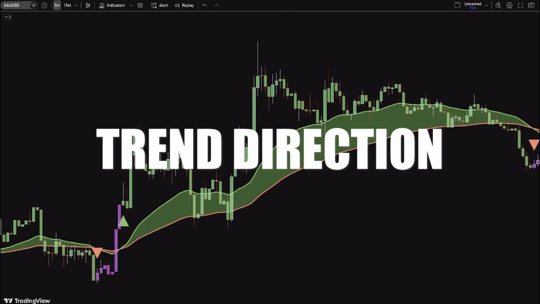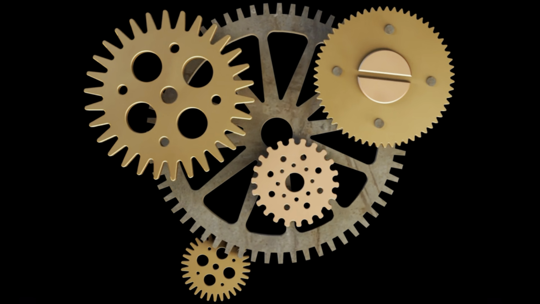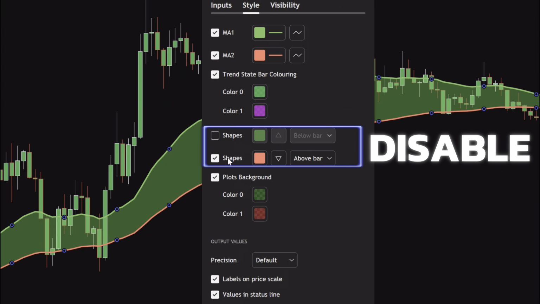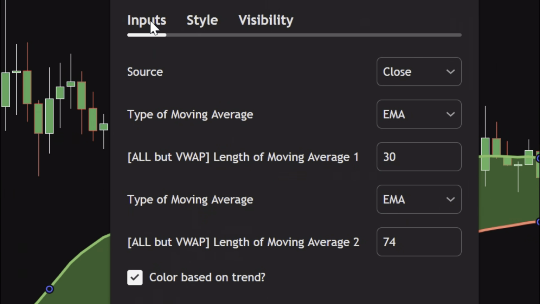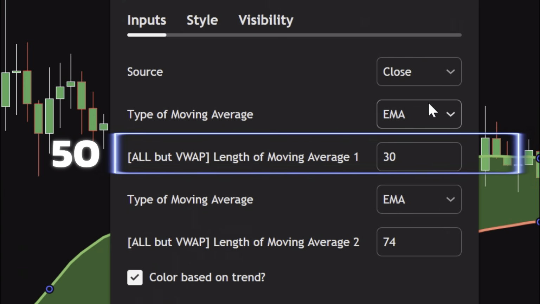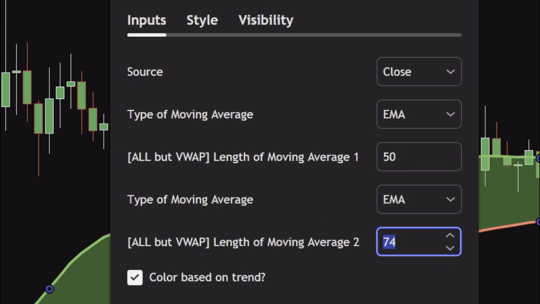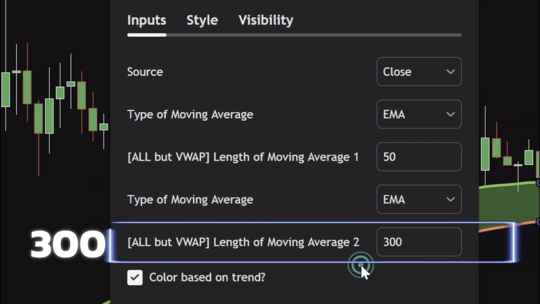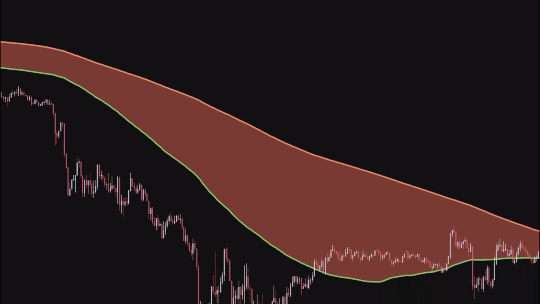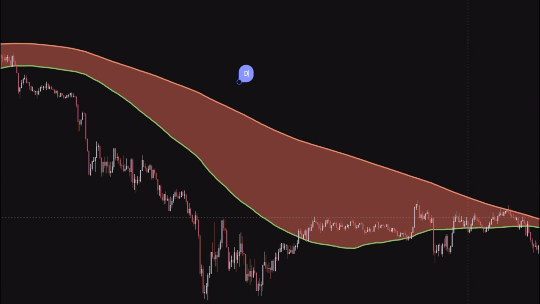We need trend identification. So here's what we do. Disable the signals, the shapes. Set the first moving average to 50. Set the second moving average to 300. Now you've got a cloud that defines the boundaries of normal price behavior.